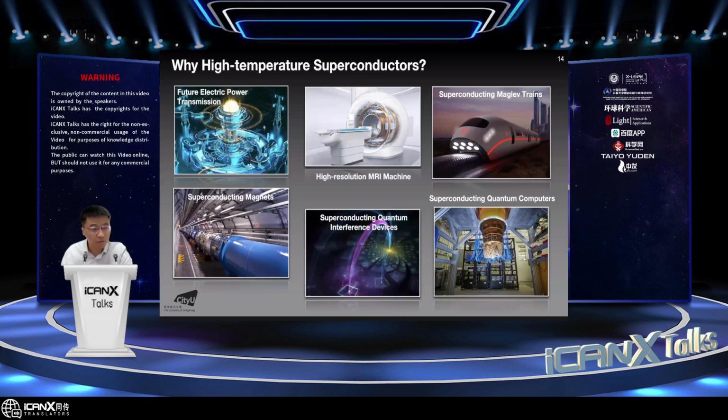For instance, this is a picture taken underground at CERN, right, where you can conduct very large scale fundamental research on particles, for instance. Not only can we utilize superconductivity for large scale applications, but we can also look at devices, including superconducting quantum computers and superconducting quantum interference devices.